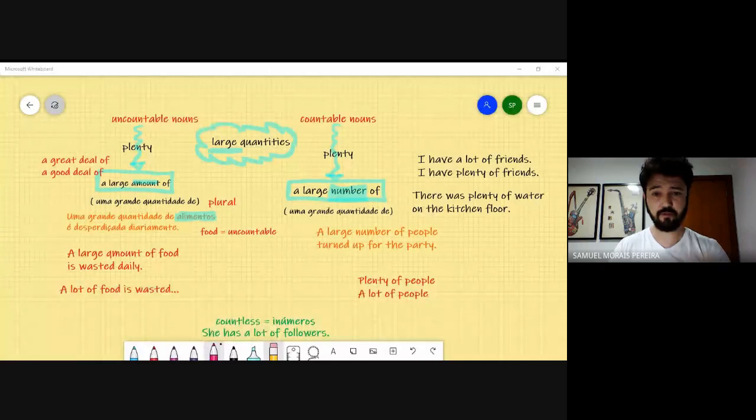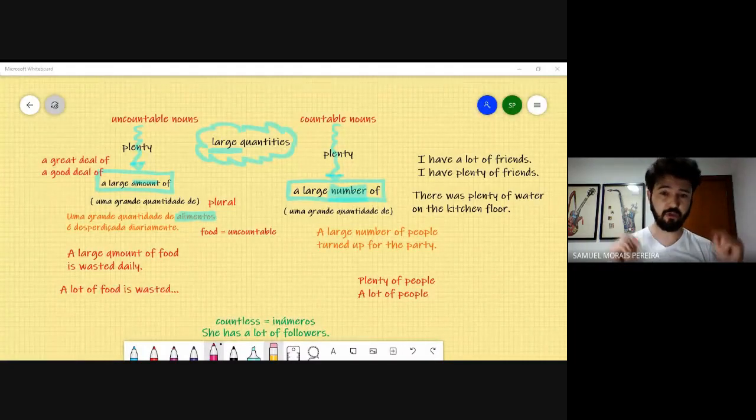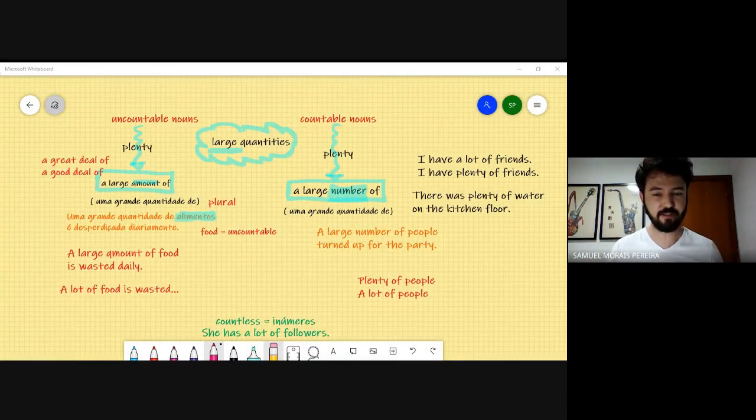I just wanted to show you that there are many expressions, there are a lot of expressions, bunches of expressions to say things that tell you the quantity of things, okay? So you can use lots of different expressions to talk about the quantity of items that you have, okay? And that's it.